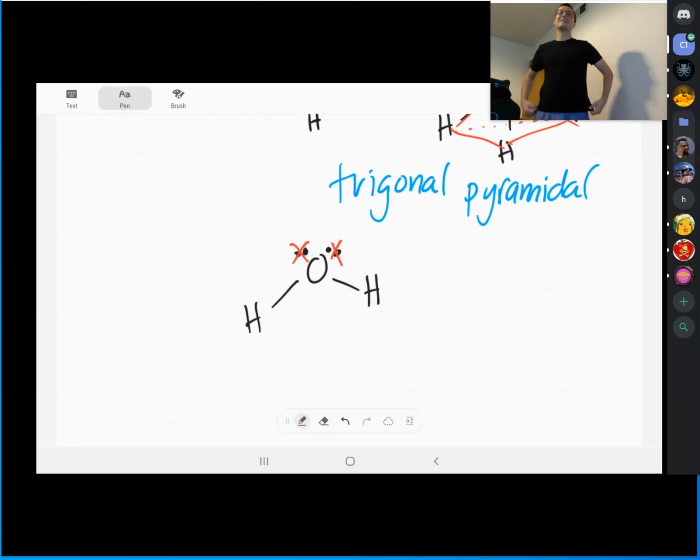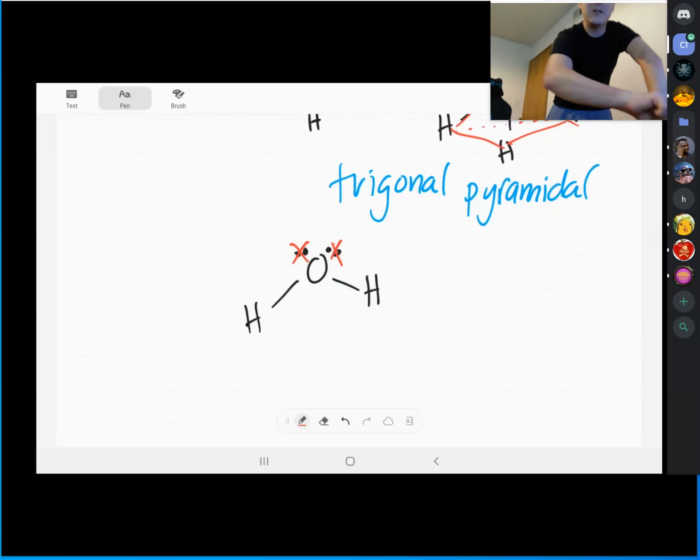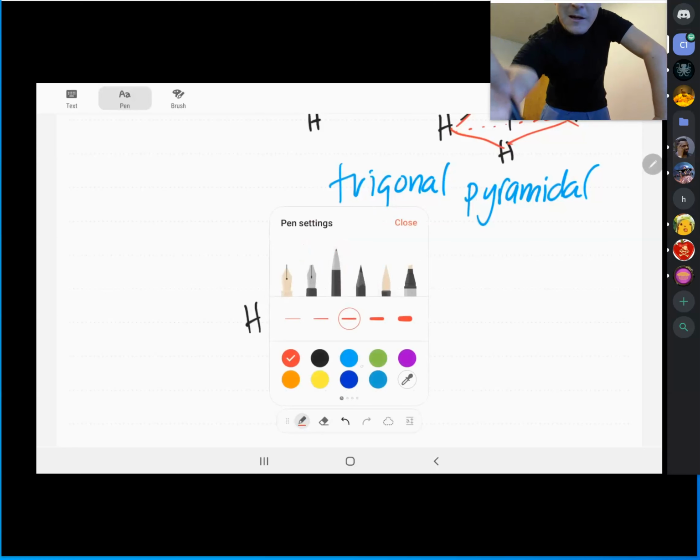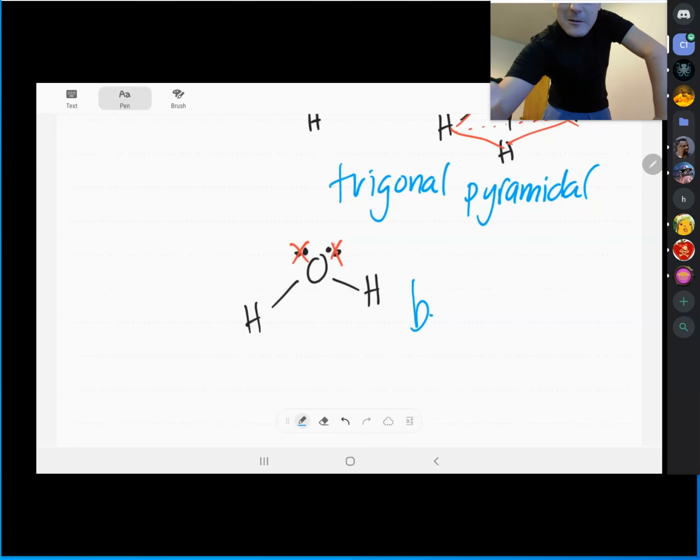So pretend it's like this, just my arms. Is that quite linear? Not quite, right. So we still kind of have that 109.5 degrees. We're actually going to call this shape bent. It is bent out of shape.